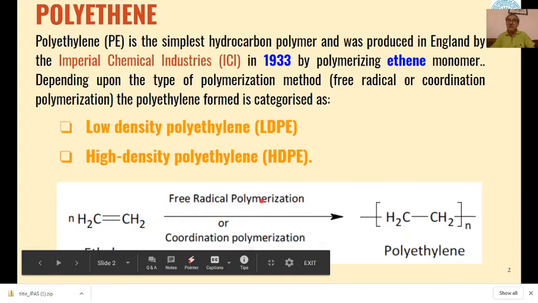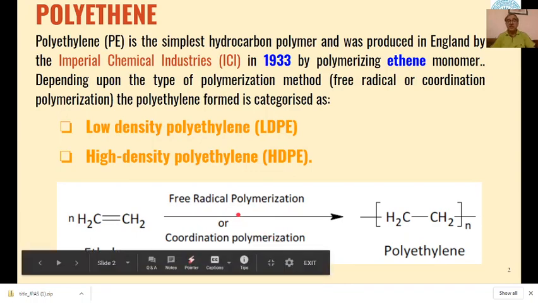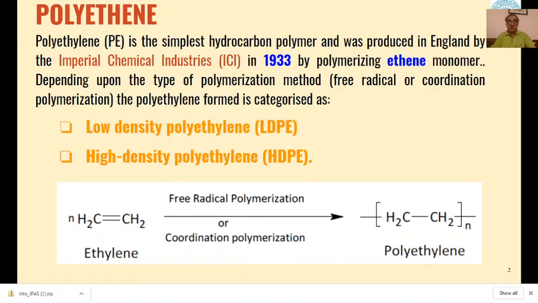So the mechanism for free radical polymerization or coordination polymerization we have already discussed in our third lecture, that is the mechanisms in polymerization or polymerization reaction mechanism.